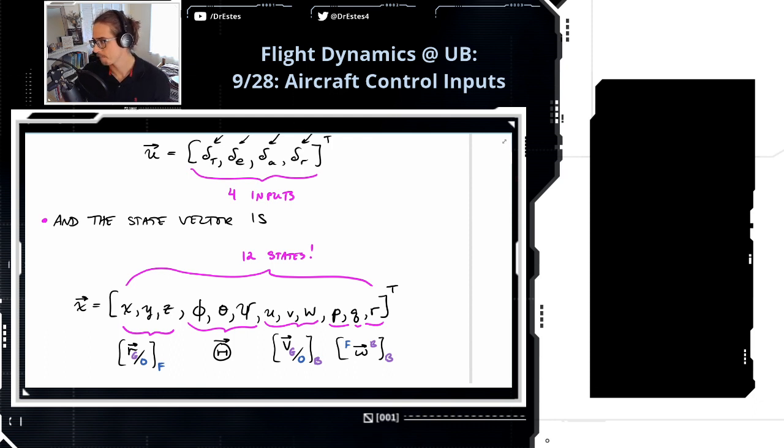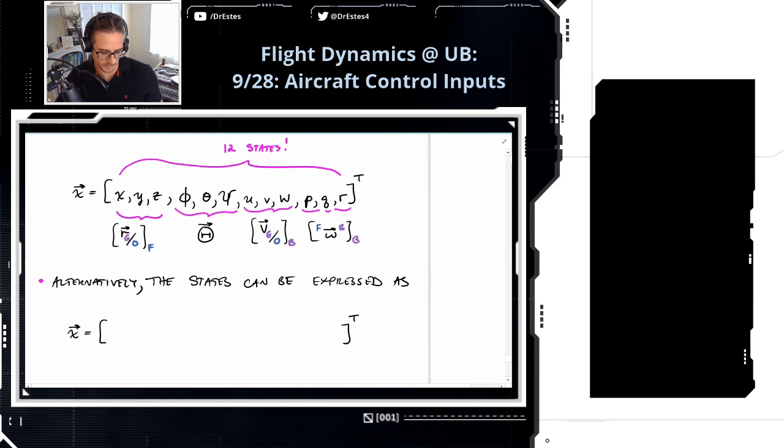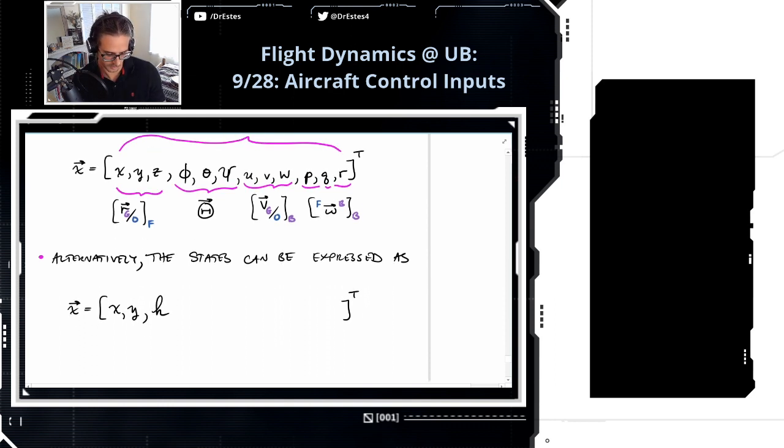There's another common state vector, which looks very similar to this, but we'll show the minor modifications. Instead of z, you could use the height of the aircraft. Remember, just the way the coordinate system is defined, the height is equal to minus z. These Euler angles are typical.